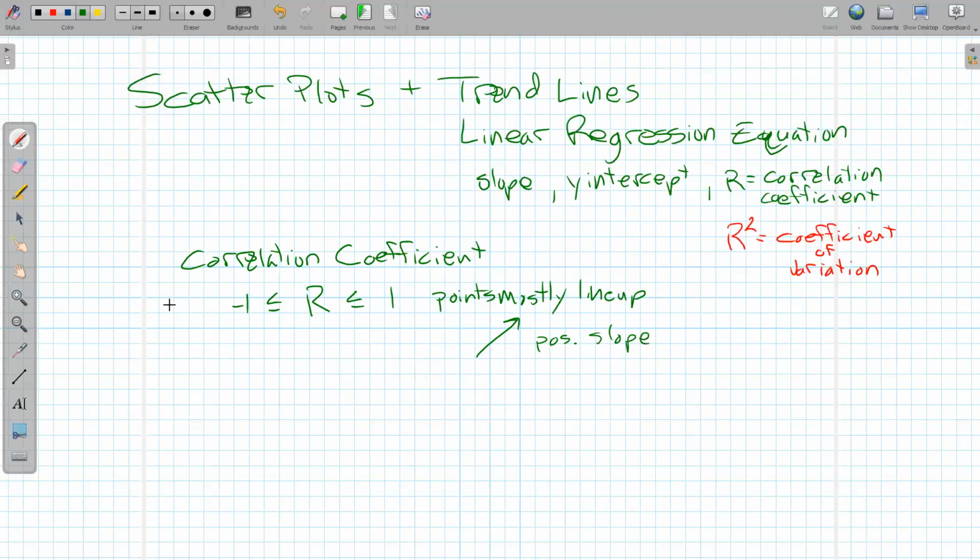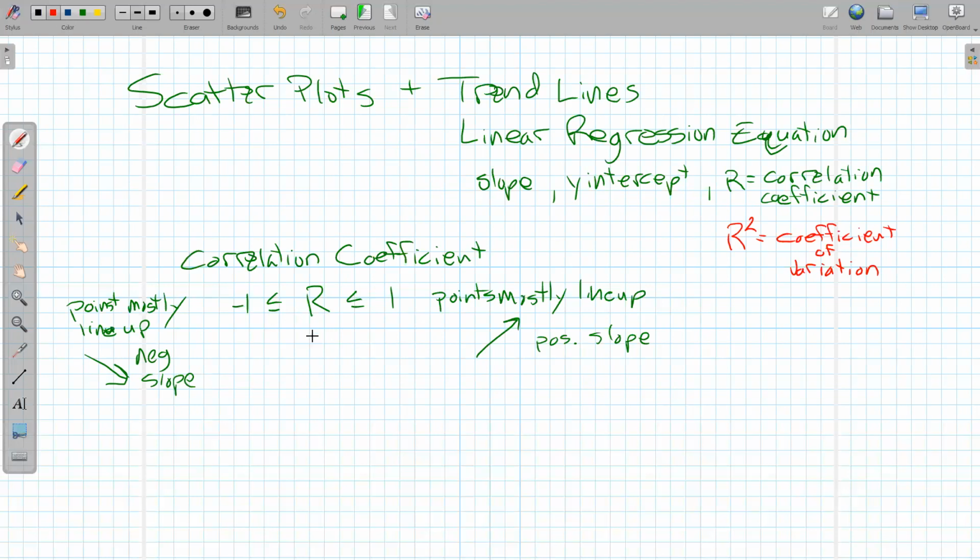If I get a number close to -1 on the other side, that still means the points mostly line up, but I would get a negative slope. So a negative correlation coefficient just means a negative slope. It doesn't mean anything bad. They're going downhill instead.